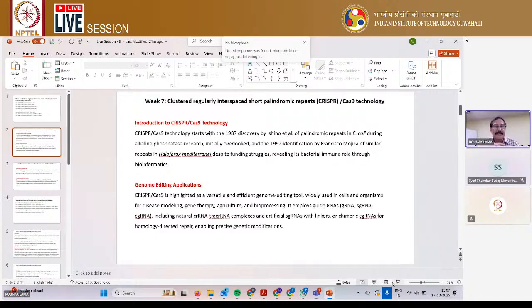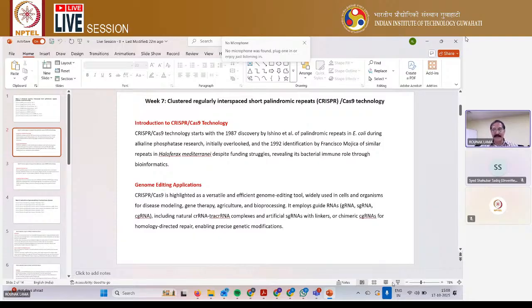This CRISPR-Cas9 technology is a versatile and efficient genome editing tool, as you all know. It can be widely used in cells and organisms for various applications like disease modeling, gene therapy, and in agriculture for improvement of crop varieties, in bioprocessing, etc. Today, in the age of synthetic biology, genome editing is playing a very critical role.